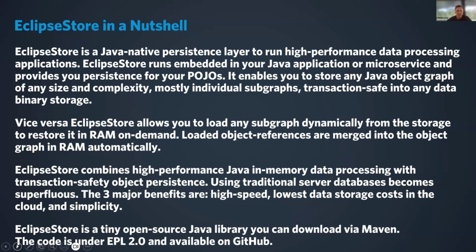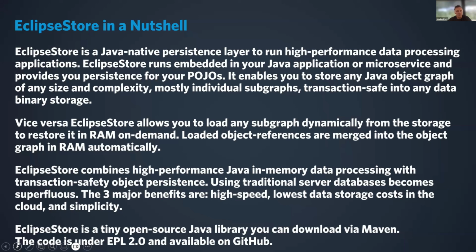Vice versa, the framework allows you to load your object graph in memory and restore it in memory. And here is the same. So mostly you will load subgraphs and restore subgraphs in memory when it's needed.